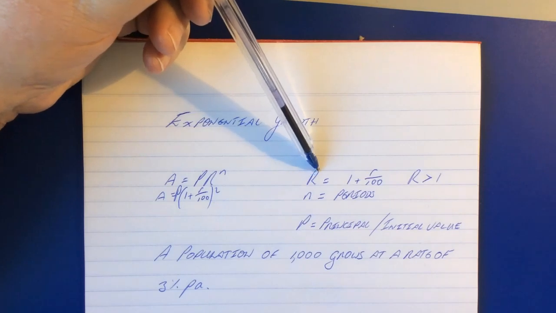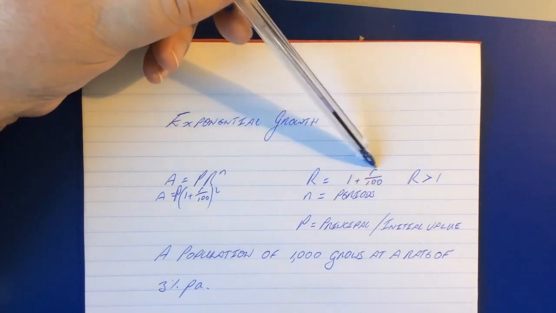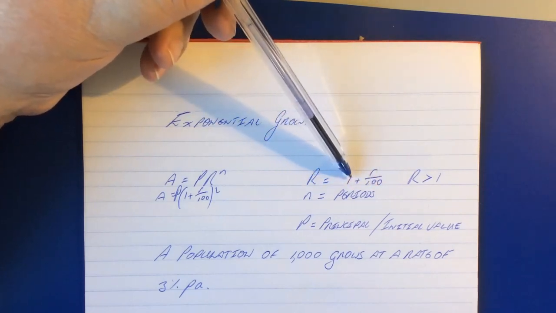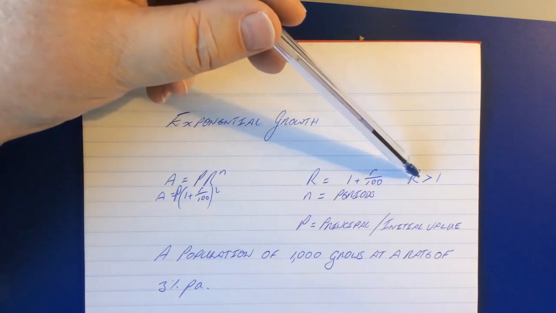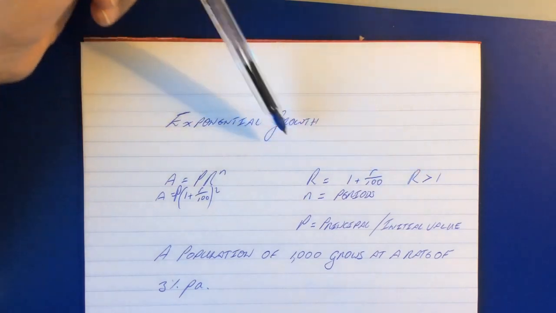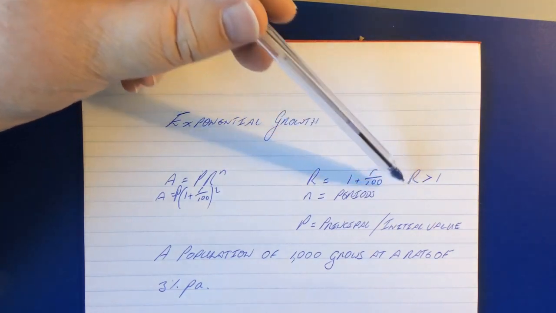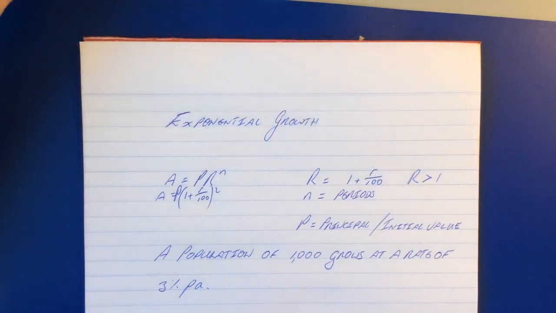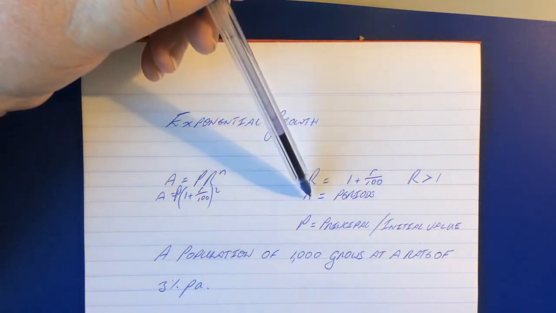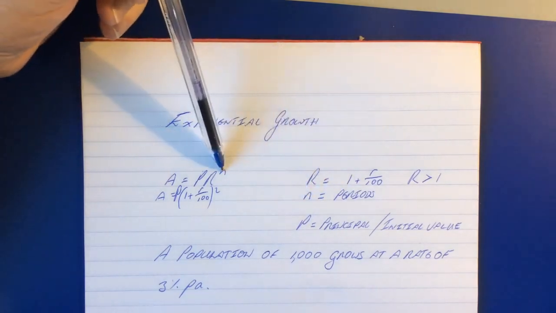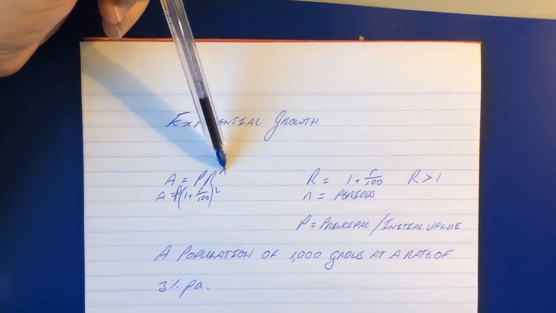So capital R here is basically an abbreviation for this. And where R is greater than 1, you see exponential growth. When R is less than 1, you have decay. And N is the number of periods, number of years, months, whatever, that you're interested in.